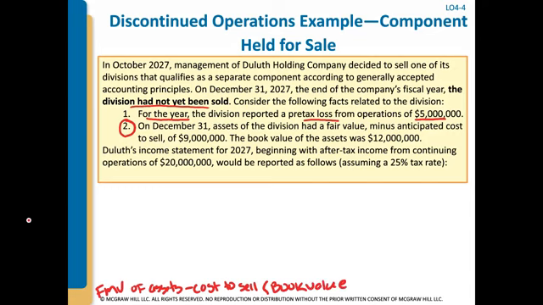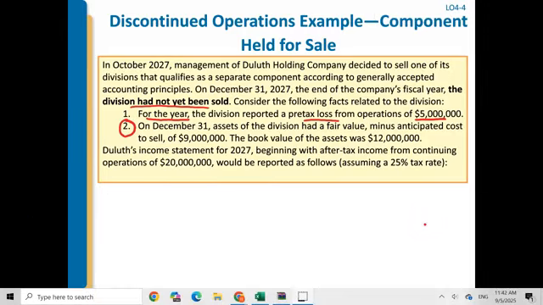So in our situation, the assets of the division had a fair value minus anticipated cost of $9 million, and the book value was $12 million. So the $9 million is less than $12 million. So we're going to have a $3 million impairment loss to report for the 2027 reporting year. I quickly erased that, but I just want you to see how it was calculated.